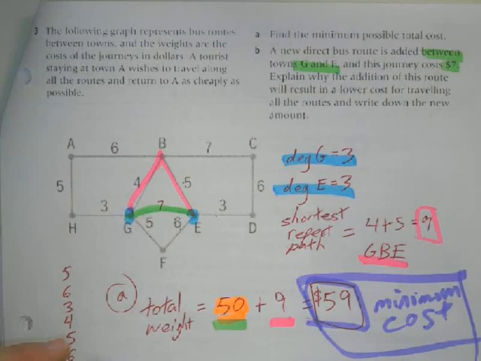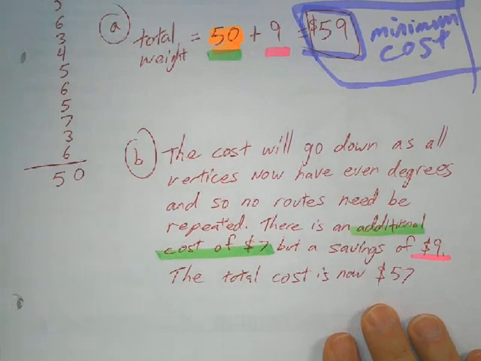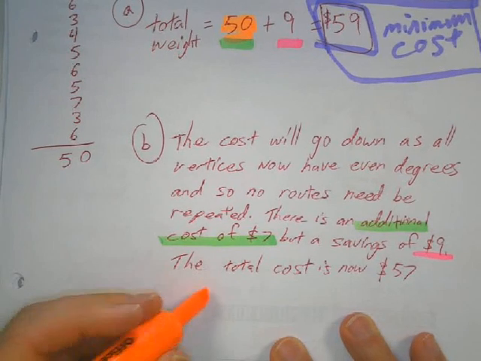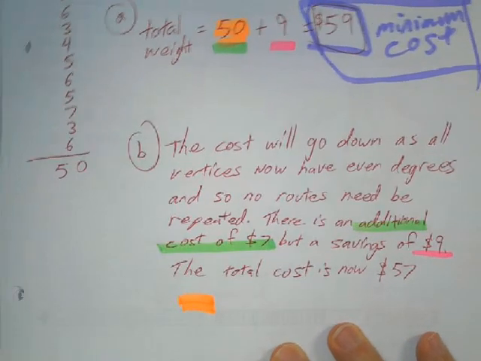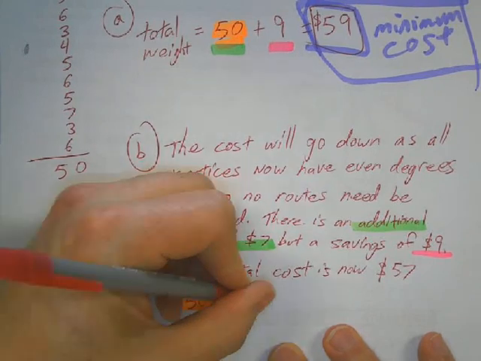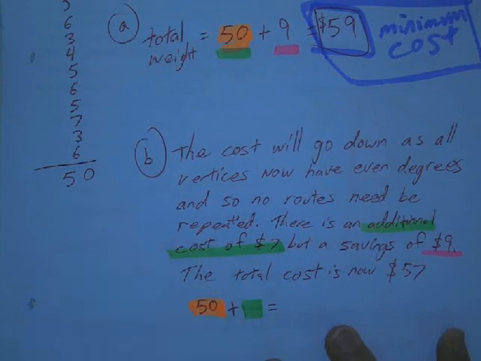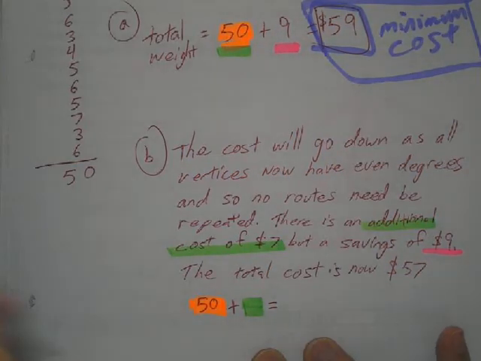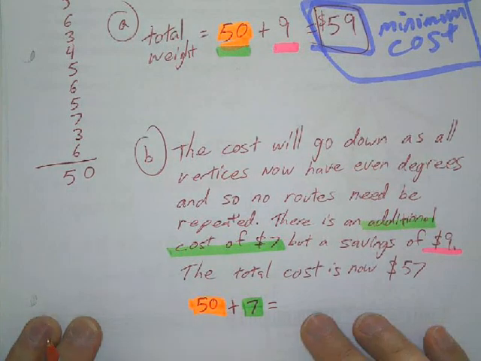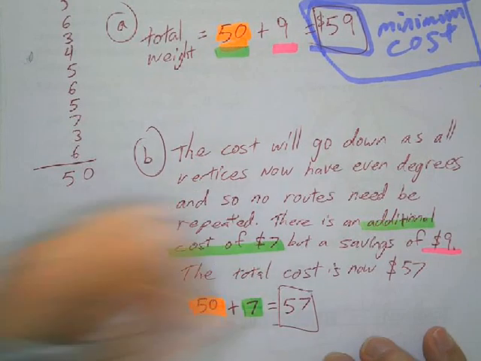So we're just going to have our 50 plus the 7, but we don't have to do the repeat route of 9.